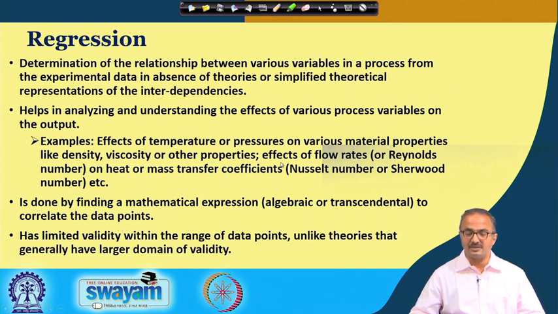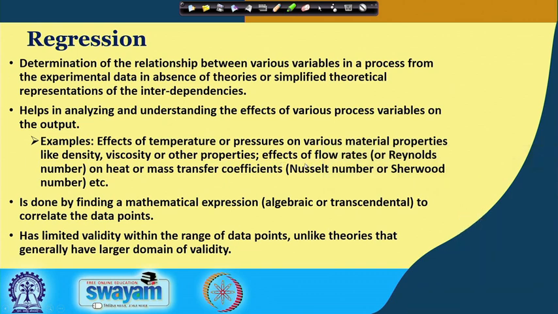In another example, we need to know the effects of flow rate. Generally flow rate comes in through the Reynolds number on the heat and mass transfer coefficients, which again generally come through the Nusselt number and Sherwood number. Here, somebody might have carried out some experiments and reported the flow rates, and with each flow rate the values of these coefficients.